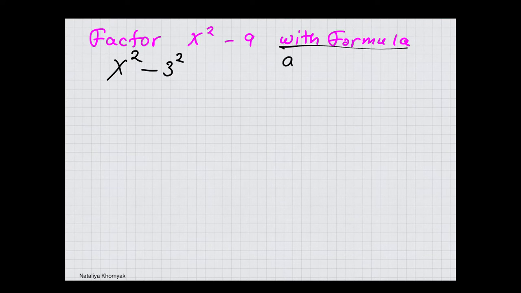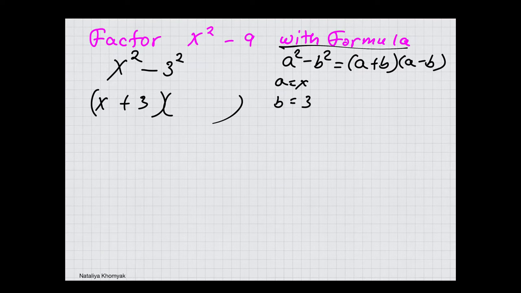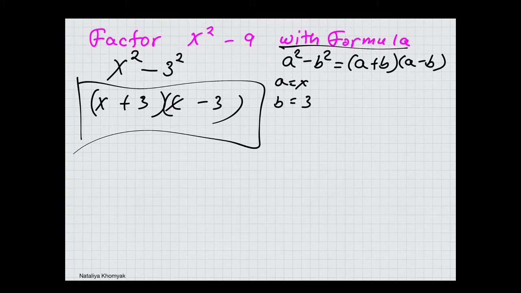And the formula is a squared minus b squared equals a plus b, a minus b, or a minus b times a plus b, it does not matter. Now in this case, a is x, b is 3, so this whole thing is x plus 3, x minus 3. And this is our solution.